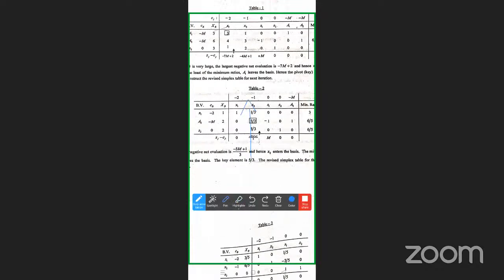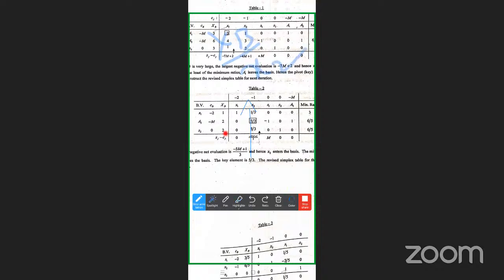Next, we can choose the outgoing vector. How to choose the outgoing vector? Minimum ratio. Minimum ratio is xb by x2.